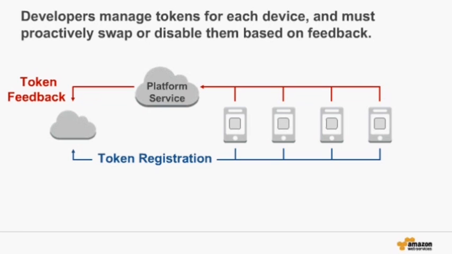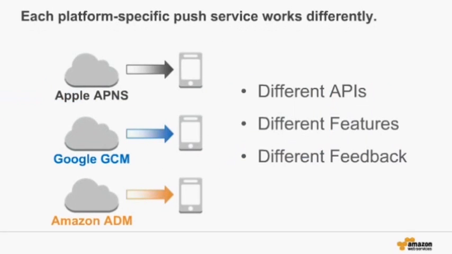Now, we've spoken about this in common terms, but actually each major mobile platform maintains its own mobile push notification service that you have to interact with if you want to send push notifications to apps running on those devices. And each platform has its own API. Each platform has its own style and rules of the road in terms of feedback.